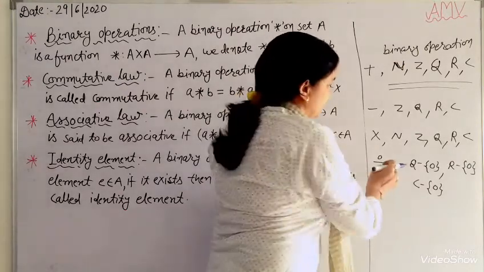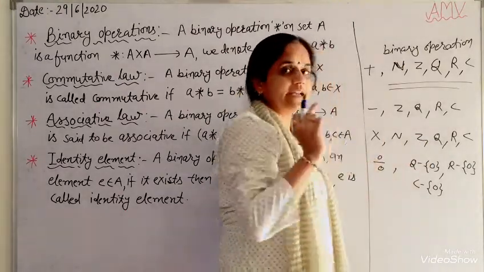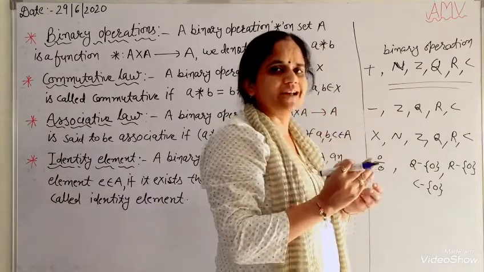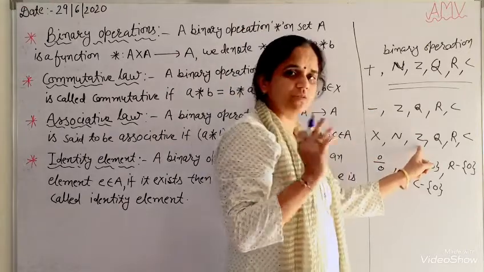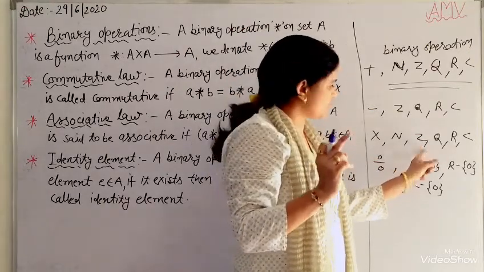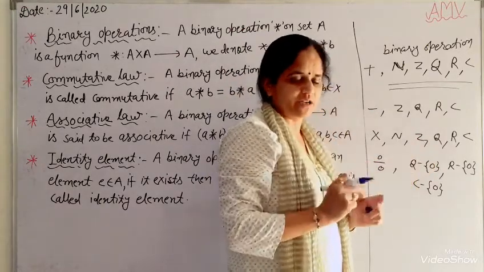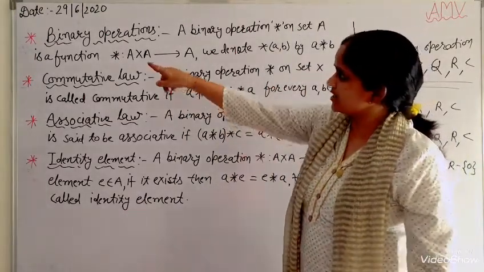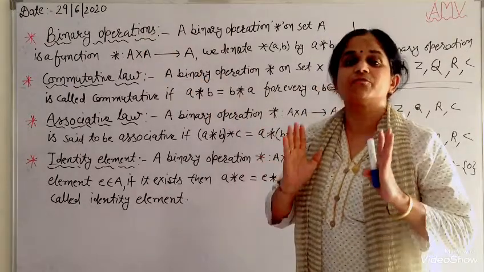And if we take two elements from the set of integers, if you take 1, 2, then 1 by 2 doesn't belong to Z, the set of integers, so it is not a binary operation. So the first concept is binary operation. Students, try to understand, this is also a function.